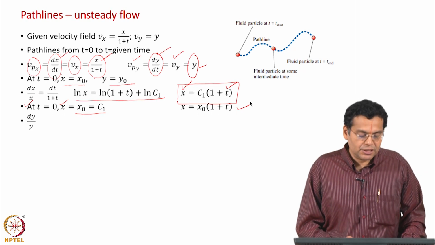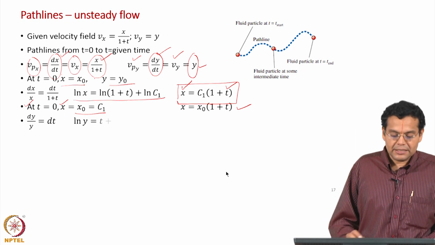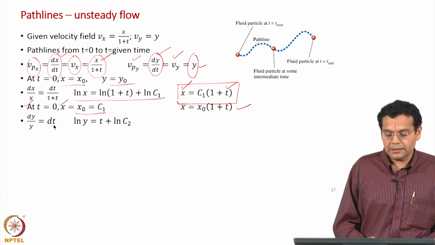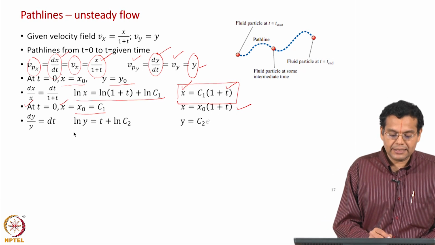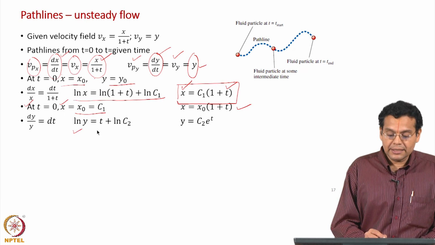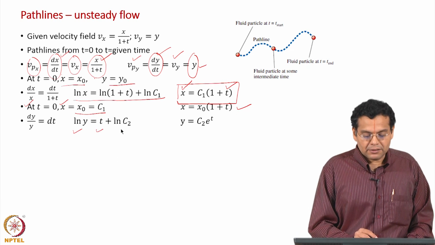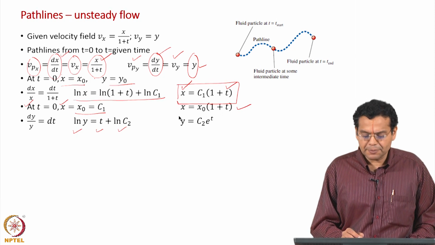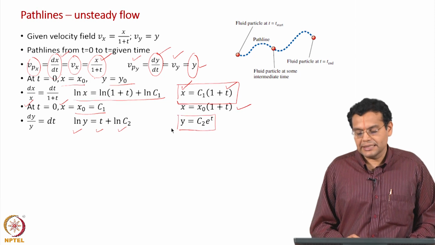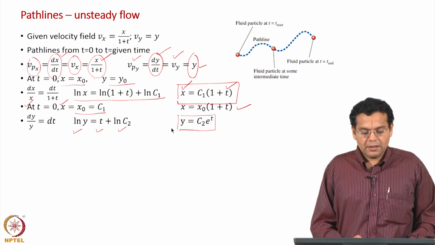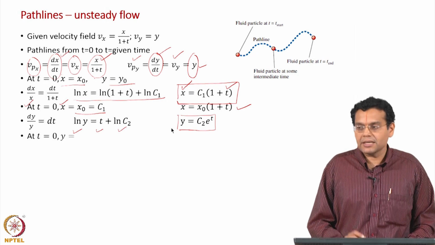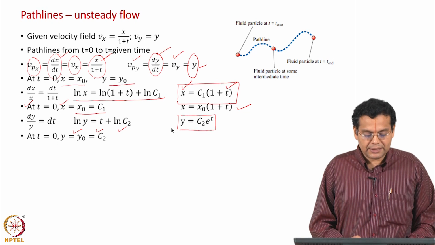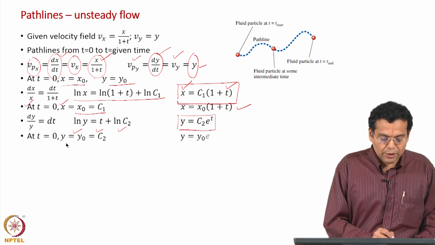Let us repeat this for the y direction. dy by y is equal to dt, integration gives ln y on the left hand side, t on the right hand side, and the constant of integration is ln c2, which you can express as y equal to c2 e power t. Now, evaluate the constant of integration as we have done along the x direction. We know the y coordinate.